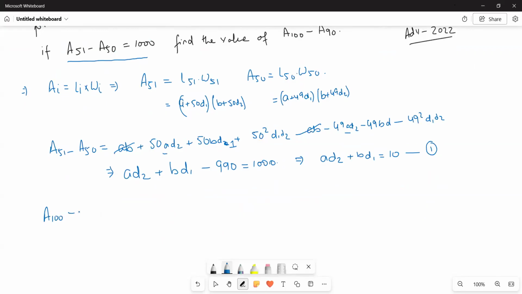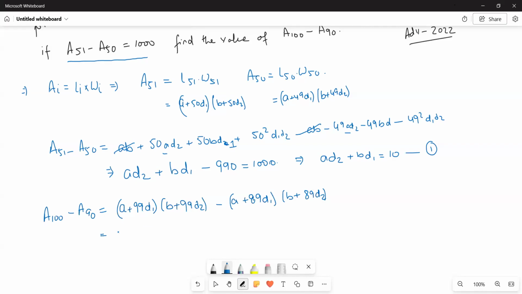So A100 would be a plus 99 D1 into b plus 99 D2, minus a plus 89 D1 into b plus 89 D2.